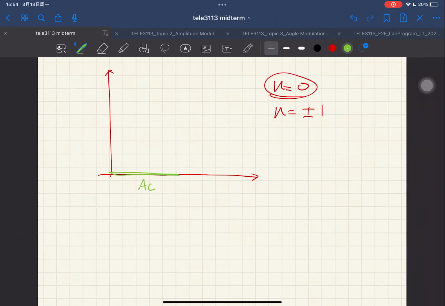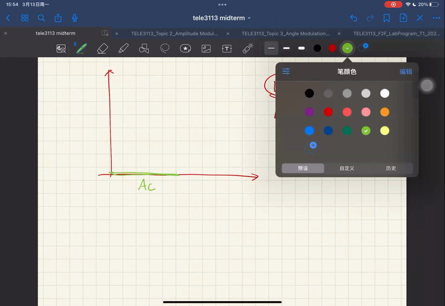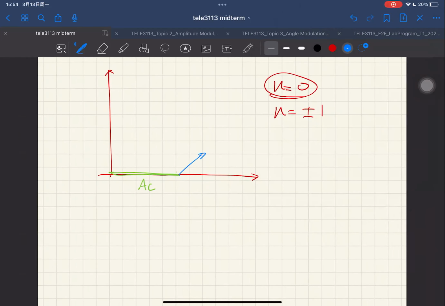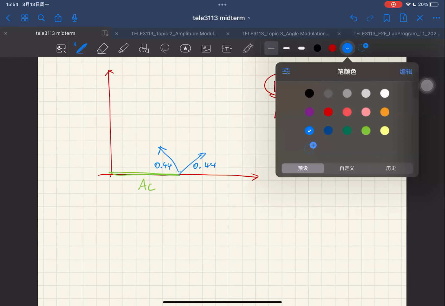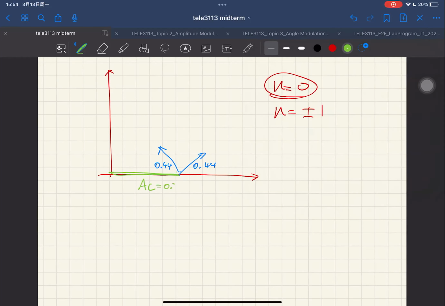And when n is equal to 1 or negative 1, we just say n is an odd number, right? We're gonna have the phasor look like this. And this is 0.44, 0.44. And this green section is 0.77.